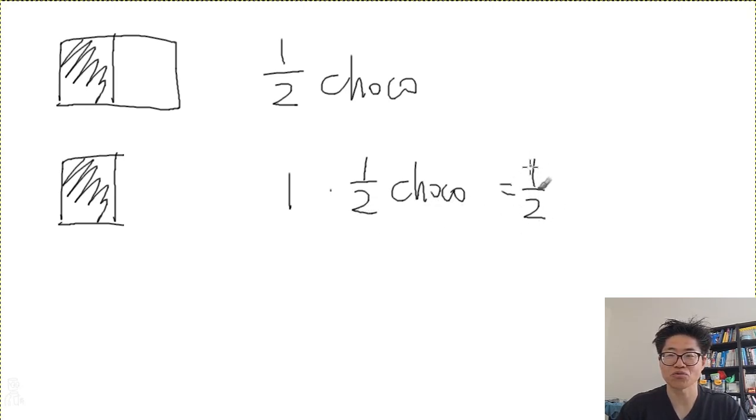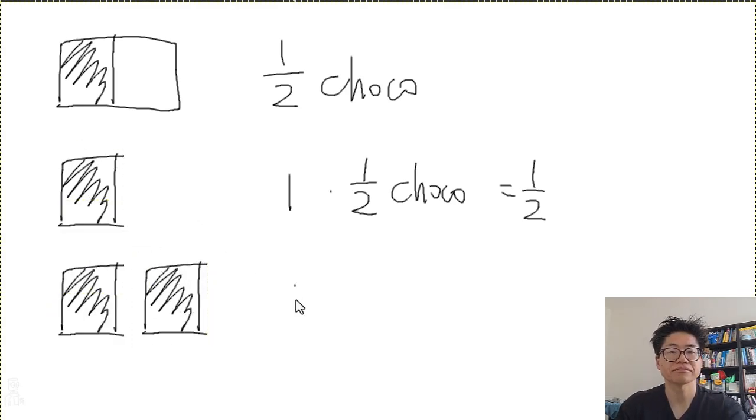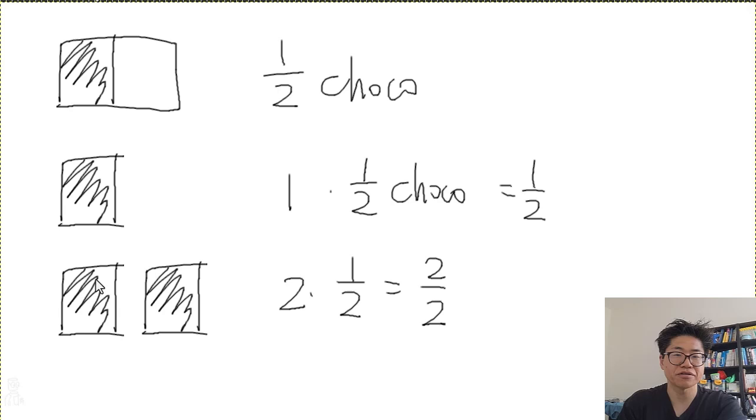We write this as 1 over 2. Now there are 2 half chocolate bars. We write 2 over 2. This is the step. Okay.